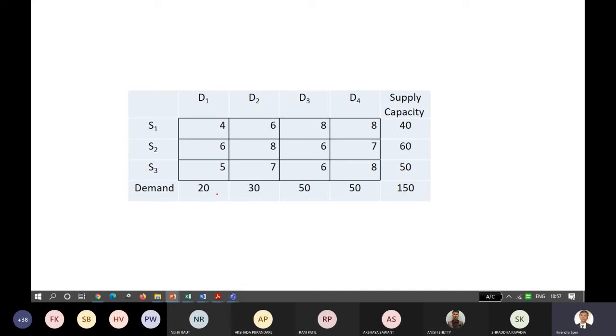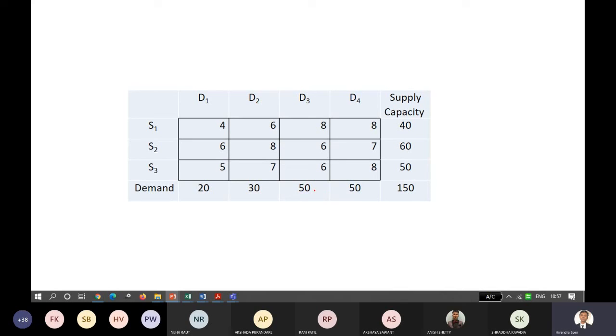When looking at the demand centers, my requirement at demand center 1 is 20, demand center 2 is 30, demand center 3 is 50, demand center 4 is 50. So altogether, my total demand is 50 plus 50, 100 plus 30, 130 plus 20 is 150.